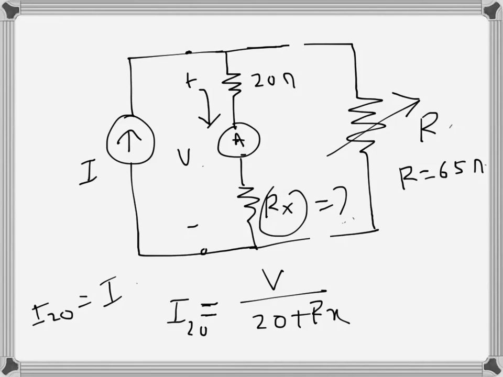Now when the potentiometer is connected here, and the reading is 65 ohms, then we have to find the new current, which will be, let's call it I20 bar at this stage, the second one.